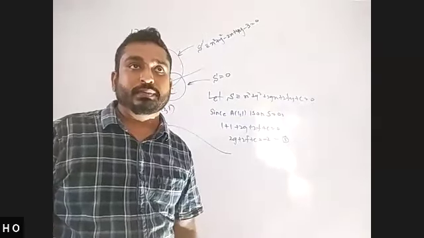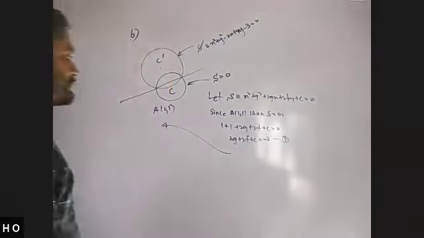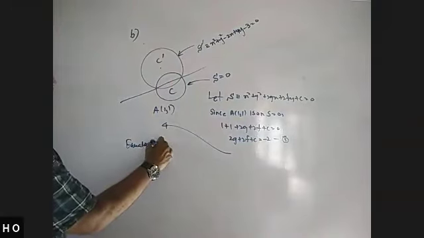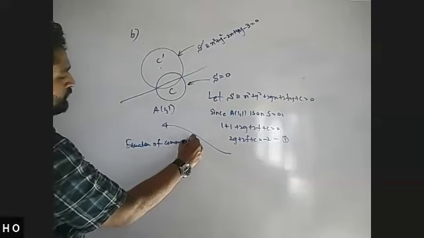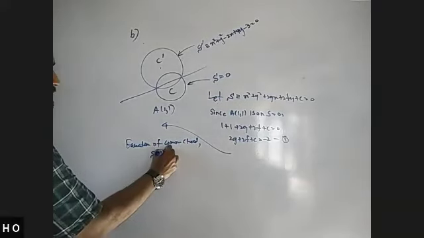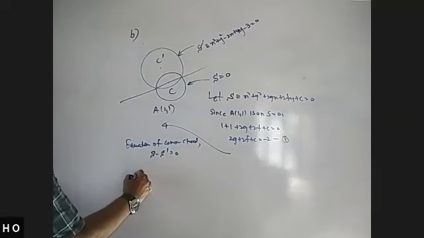When lambda is minus 1, we have the straight line. So the equation of the common chord is going to be S minus S dash equals 0.